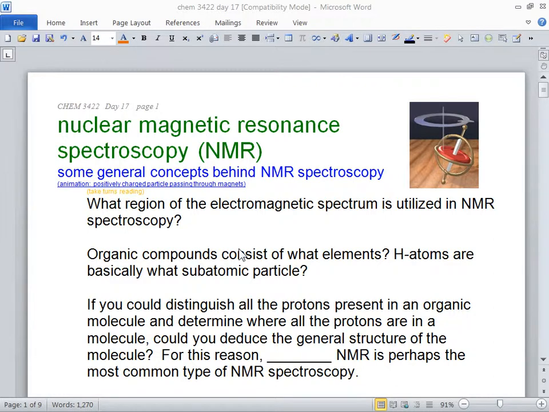So we're wrapping up NMR, nuclear magnetic resonance. You take a gyroscope, and that inner red wheel is spinning nice and fast, and the whole axis starts going in this weird line, depending on the direction you spin the inner wheel.